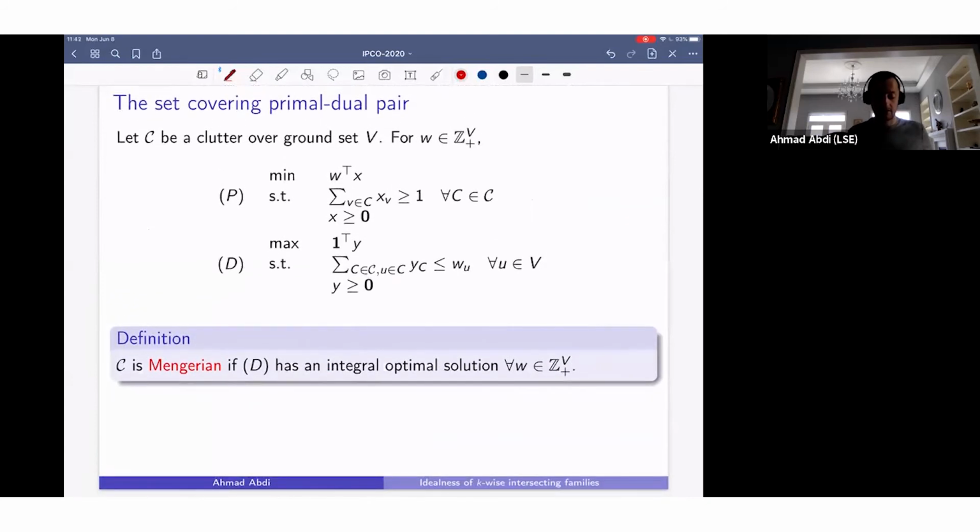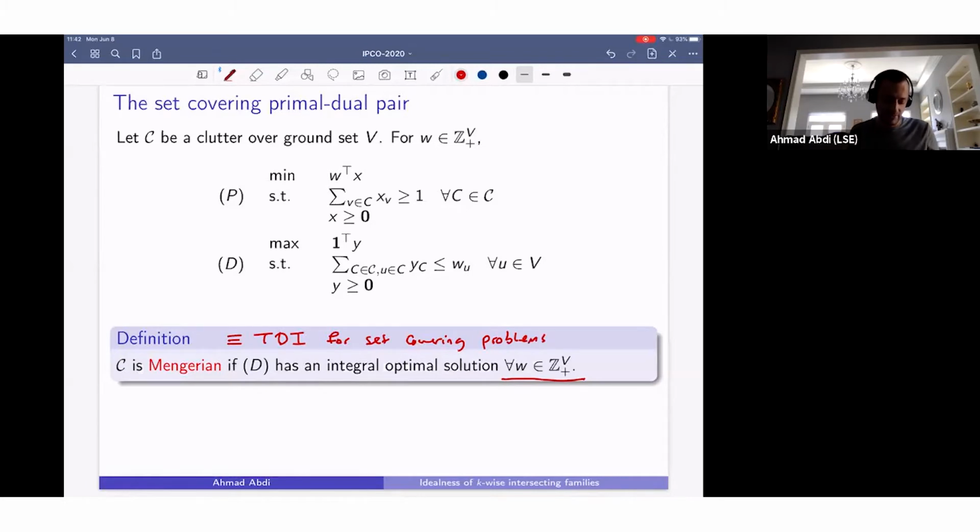Just like in the primal set covering case, we can impose integrality conditions here. We'll say that the clutter C is Mengerian if the dual has an integral optimal solution for every right-hand side vector w. The notion of Mengerian is in bijection with the notion of total dual integrality for set covering problems.